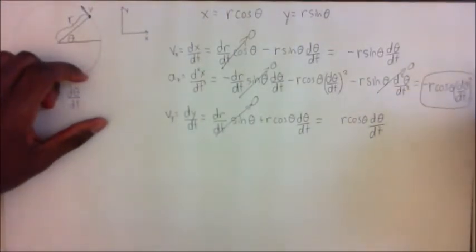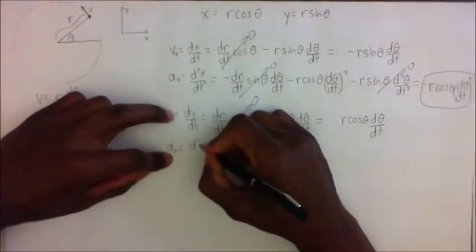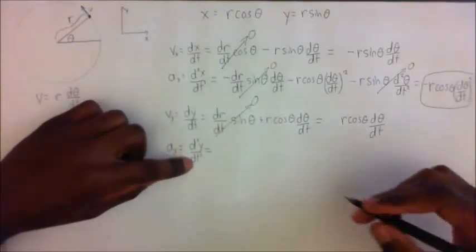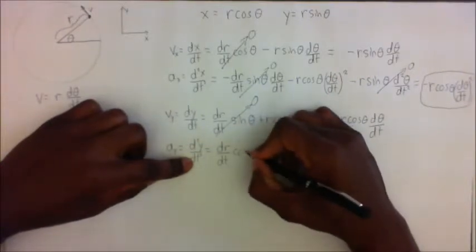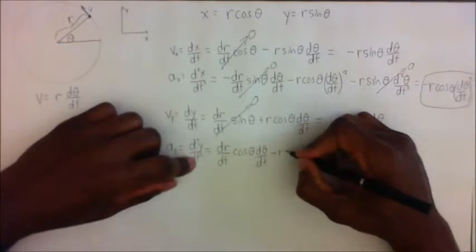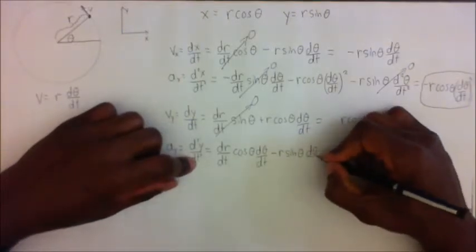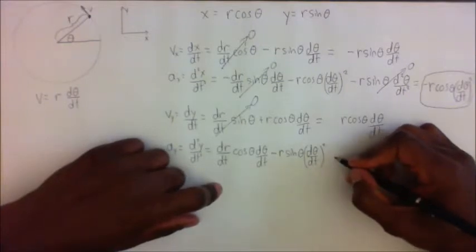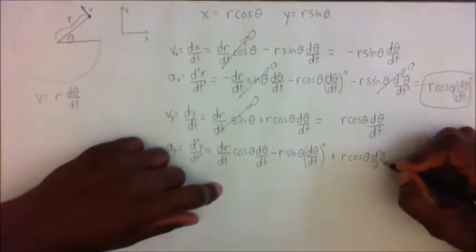Now let's find the acceleration in the y direction. a sub y is going to be equal to d squared y over dt squared, which is, in this case, dr over dt cosine theta d theta over dt, and minus r sine theta d theta over dt times d theta over dt, so that's d theta over dt squared, and again plus r cosine theta d squared theta over dt squared.